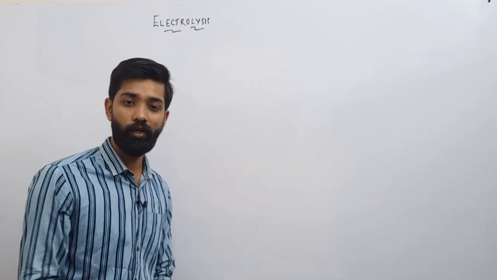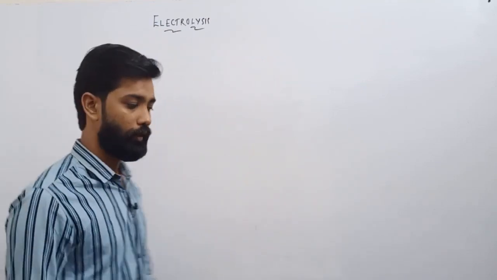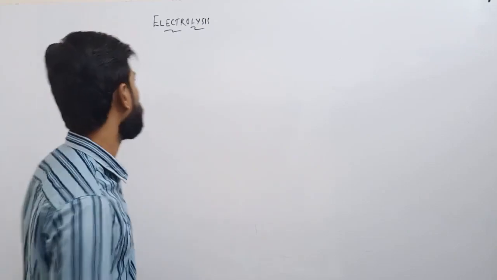So what do you mean by electrolysis? It is a process of chemical decomposition of an electrolyte by the passage of electricity, so that the ions formed are attracted towards the respective electrodes.